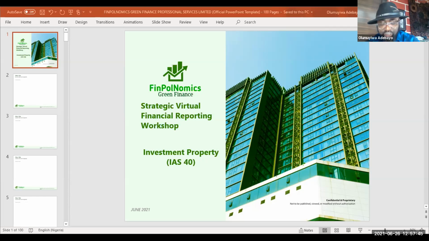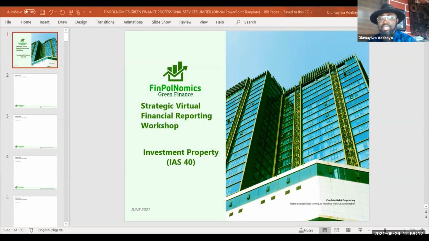This leads us to a summary: investment property is restricted to property, be it land or building or both, that is held primarily to earn rental income or for capital appreciation, or for both rental income and capital appreciation.